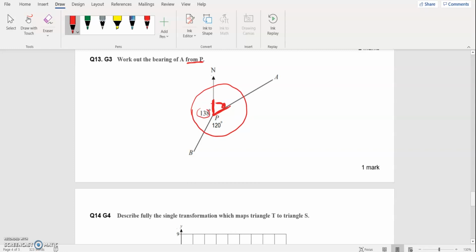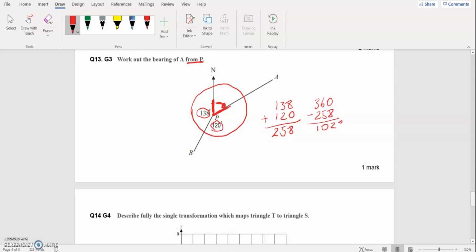We have this part which is 138 and we have 120. So 138 plus 120 is 258. What we're going to do now, take it away from 360. Okay. So this is 102 degrees. So the bearing of A from P is 102 degrees.